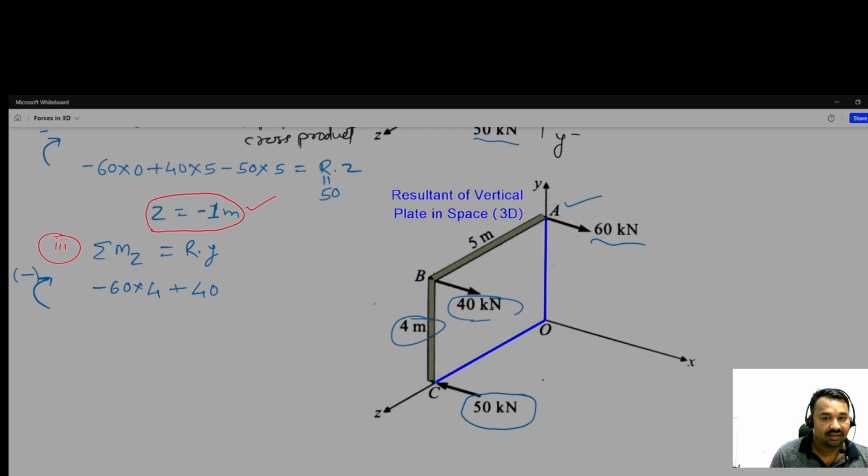It is the moment about Z we are taking, so 60 kilonewton and similarly 40 kilonewton multiplied by 4. And what about this one? Plus 50 multiplied by 0. Why? This force is lying on the Z axis itself.